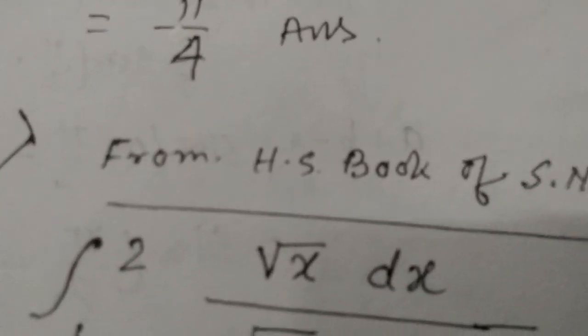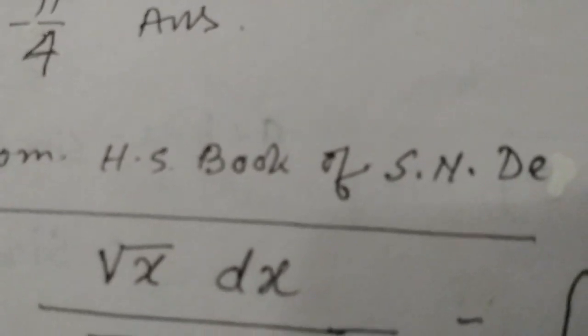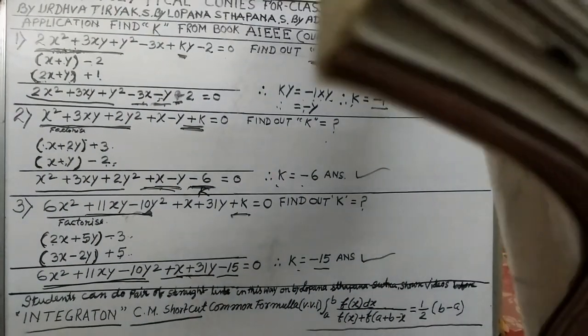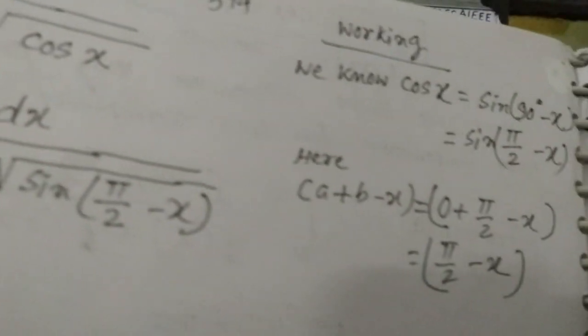Example: this is from an ACES book, and this is from an ACES exam 2007 and AIEEE, and this is from a CBSE book, and so many examples like this.